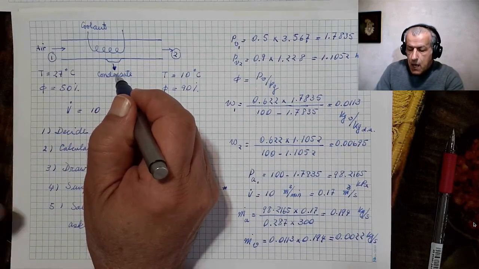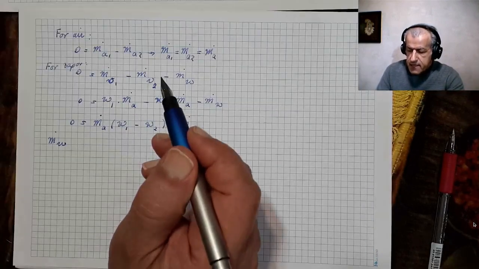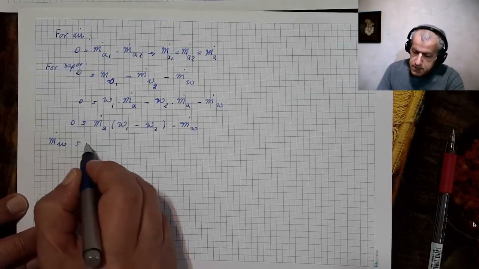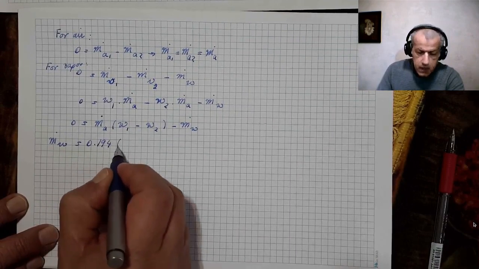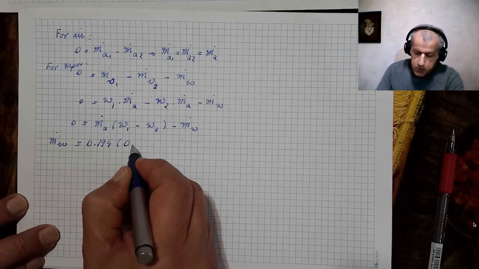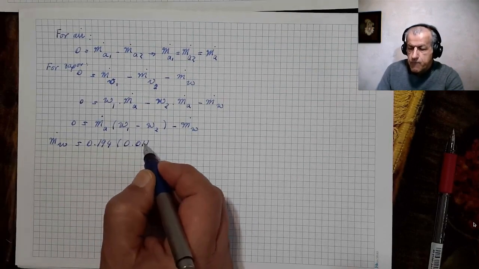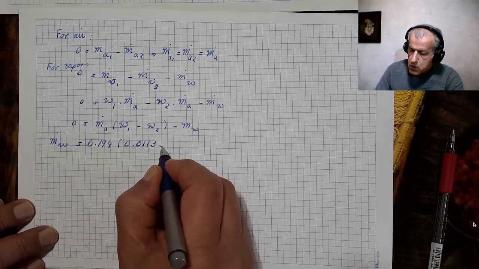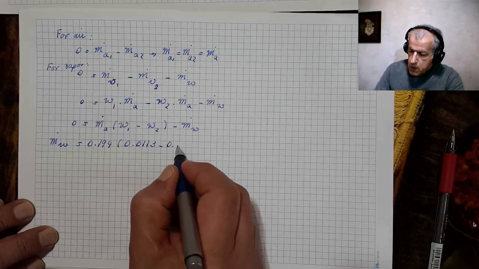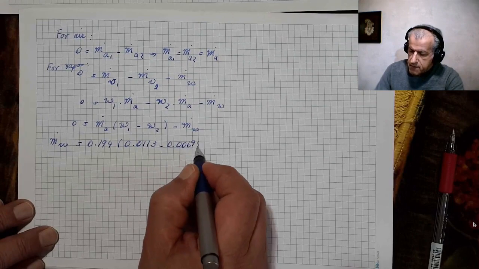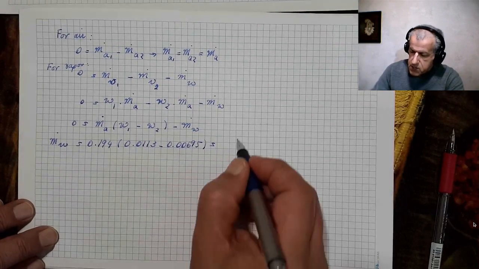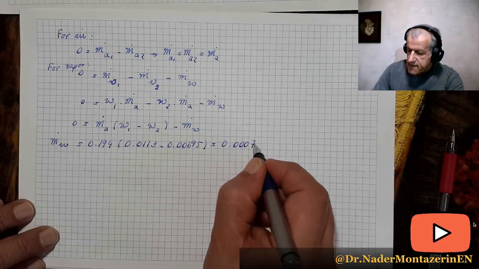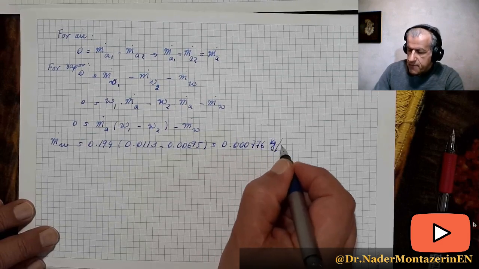It drops out, and its mass equals m dot A, which is 0.194, times W1, which is 0.0113, minus W2, which is 0.00695, and to a good approximation, it is 0.0007776 kilogram per second.